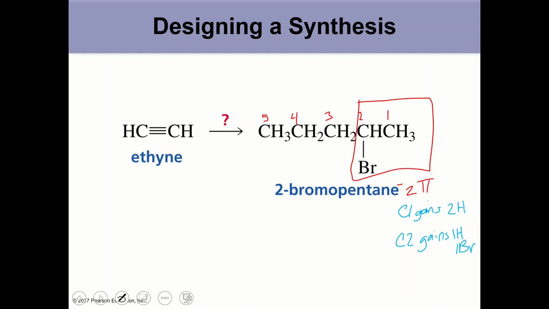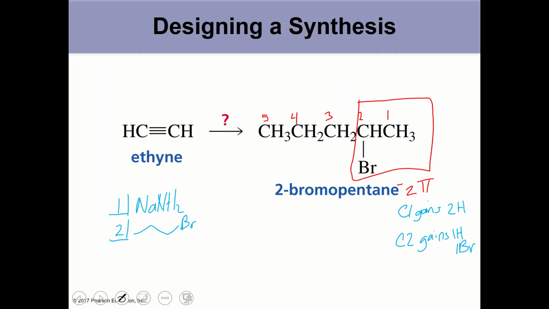For example, I know that in the first step, the only way to add carbons to the alkyne is to use sodium amide, deprotonate that, and then add an alkyl halide with the desired number of carbons. So on step 1, I'm going to add sodium amide, and I need 3 more carbons, so I'm going to add on step 2 propyl bromide, the 3-carbon halide.